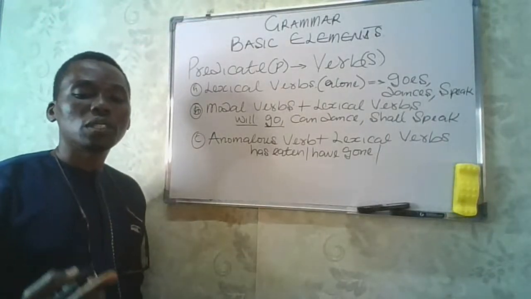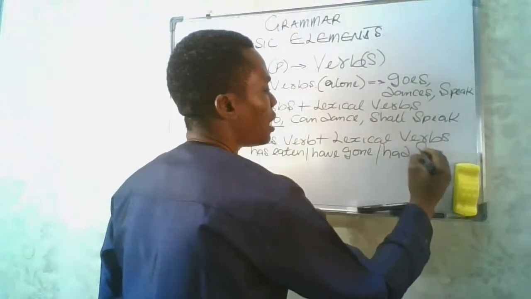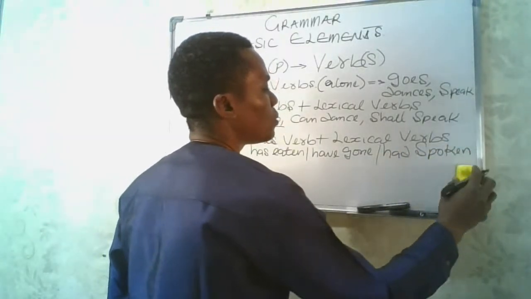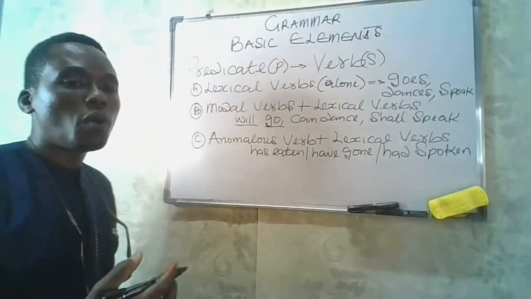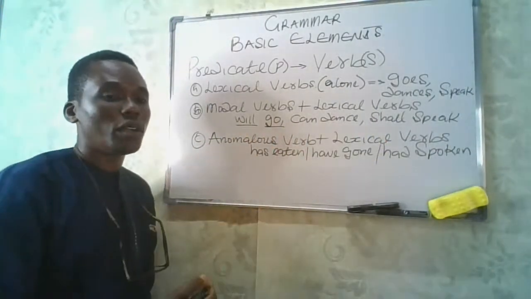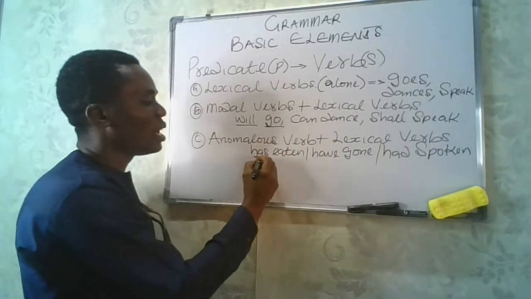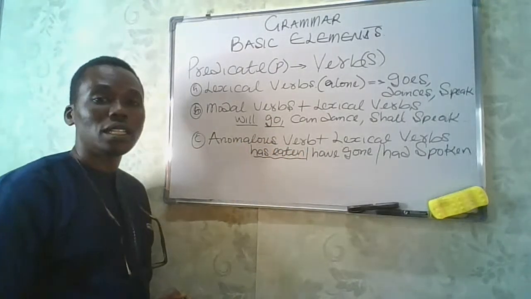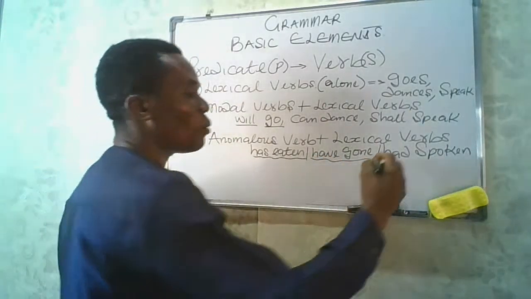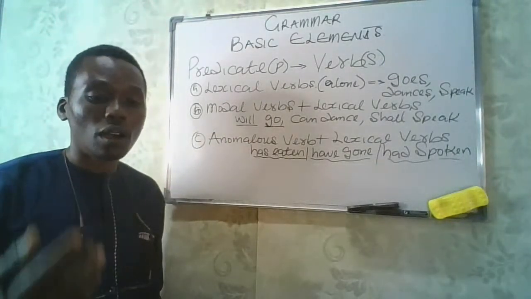We can also say had spoken. We heard or someone had spoken. So when we combine anomalous verbs and lexical verbs, we have verbs like this. So in sentences where you see has eaten, that is a verb. When you see have gone, that is a verb. And when you see had spoken, that is also a verb.